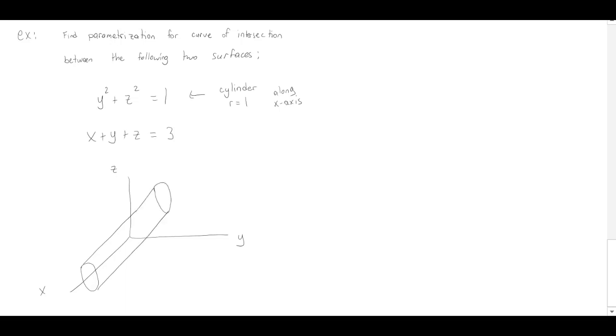What about the second equation? What does the second equation represent? You guys should know what this is, I think. Not a line. It's two-dimensional. So the second equation is a plane, right?